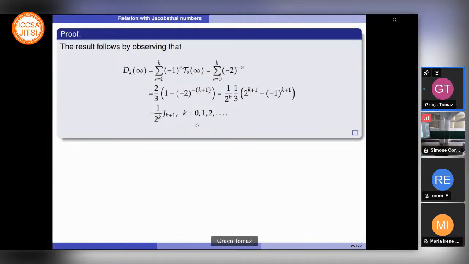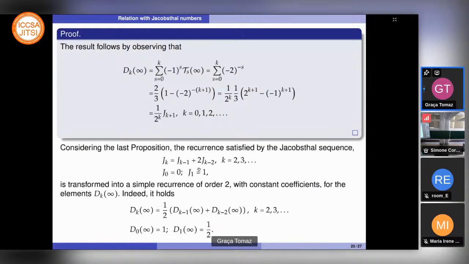Considering this proposition and this recurrence satisfied by the Jacobsthal sequence, we obtain a simple recurrence of order 2 with constant coefficients for decay in this way.